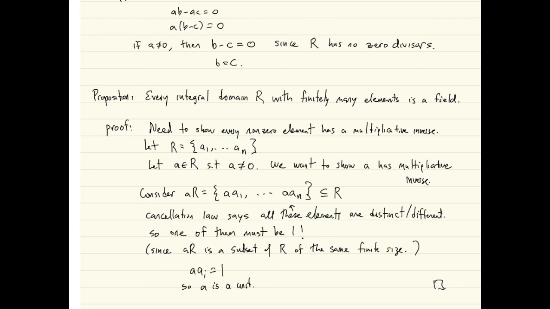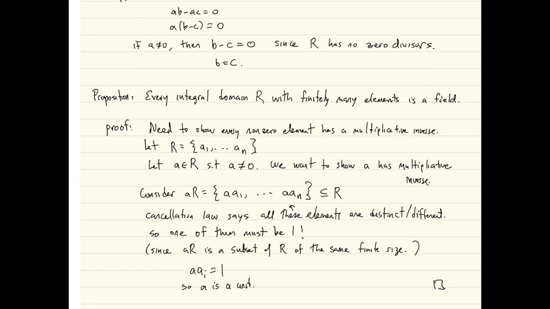And let a be an element of the ring that's non-zero. We want to show that a has a multiplicative inverse. And here's the trick: consider the set a times R, which is just taking the ring R and multiplying every single element by a.